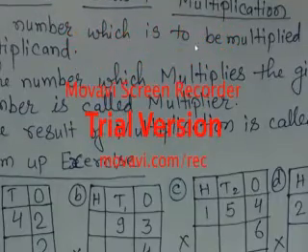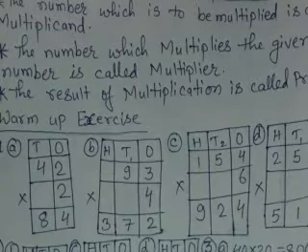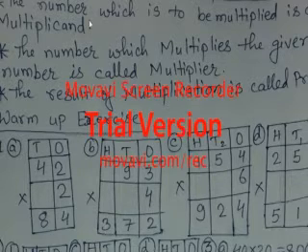The number which is to be multiplied is called multiplicand. The number which multiplies the given number is called multiplier. The result of multiplication is called product. So all these definitions, before making the exercise, you will be writing as I had written over here.